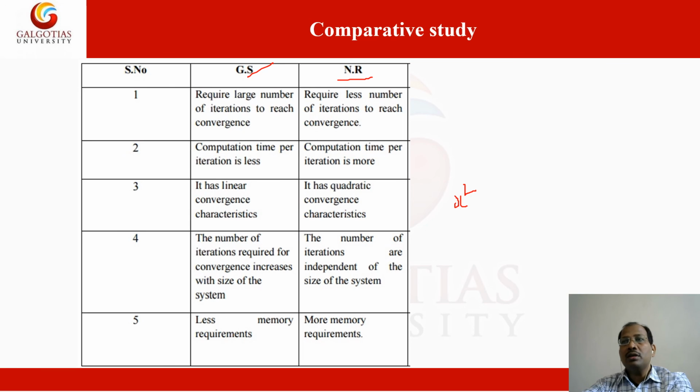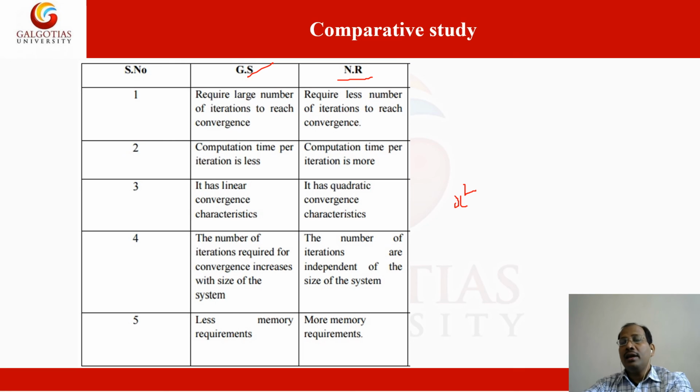But in the Newton-Raphson method, the number of iterations does not depend on the system size. It is completely independent, and the computation time is also about the same. So we get fast convergence. Newton-Raphson has these two merits.